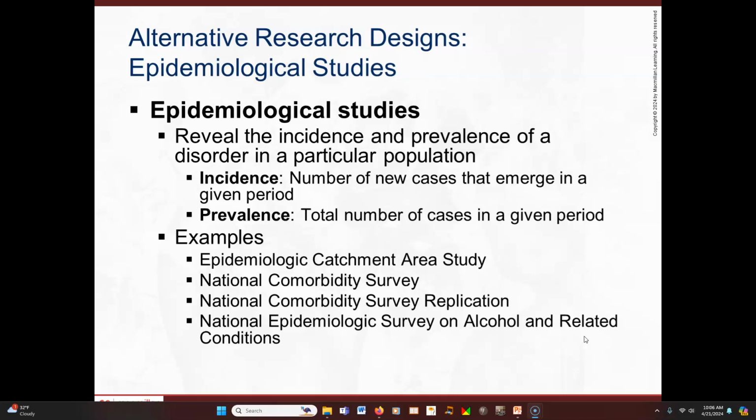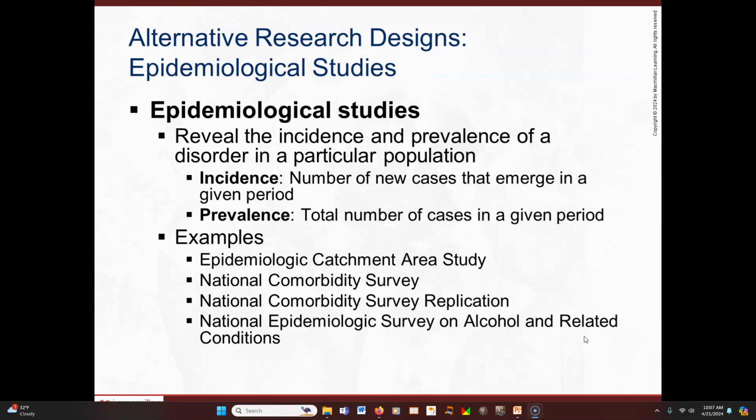Incidence refers to the number of new cases of a disorder occurring in a population over a specific period of time. Prevalence refers to the total number of cases of a disorder occurring in a population over a specific period of time.